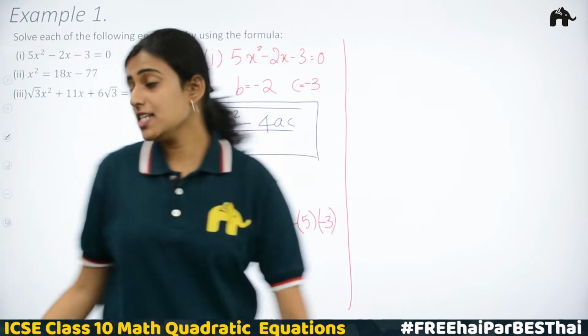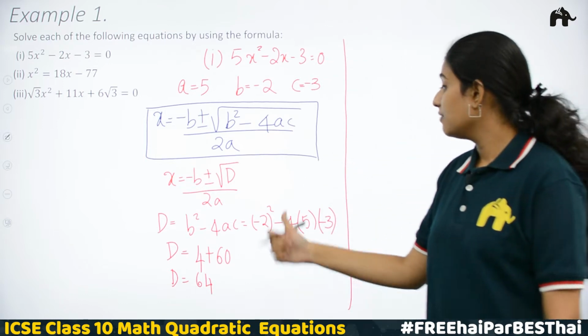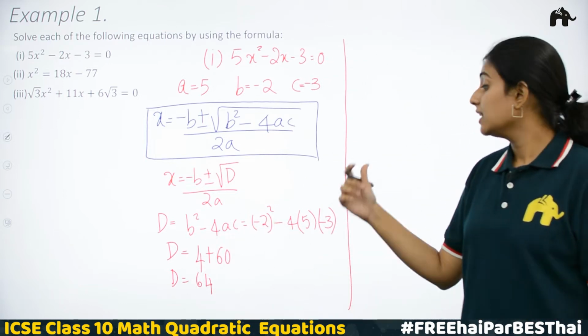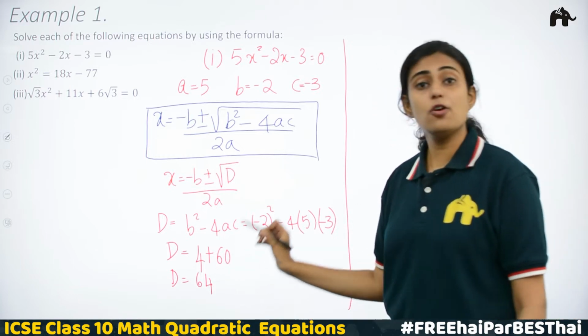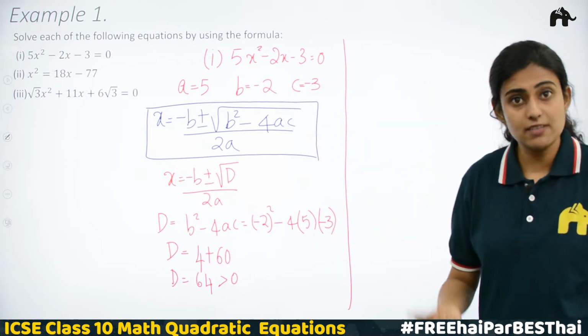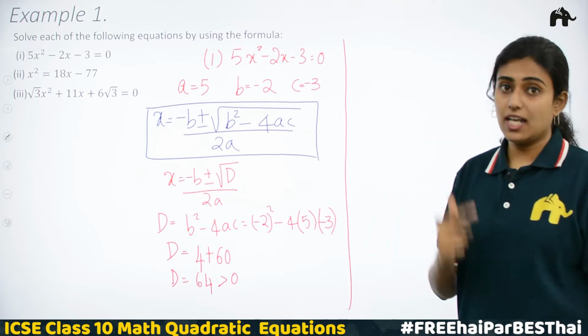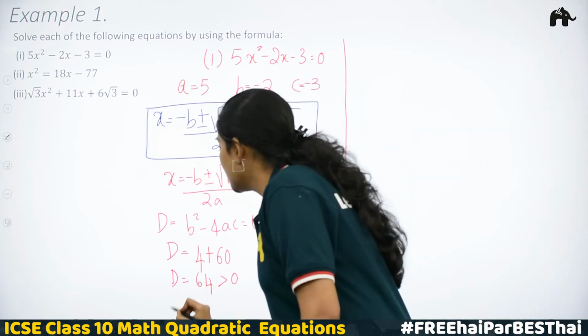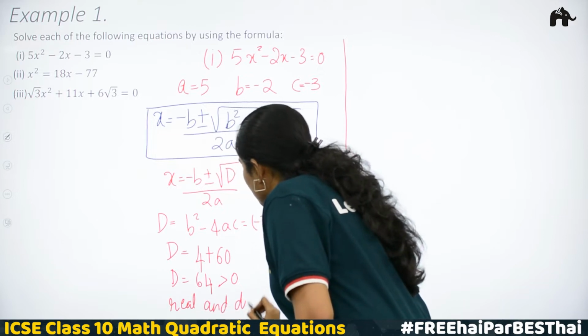Now tell me, when discriminant is equal to 64, what can you say about the nature of roots? We should get roots such that the roots are real and distinct, because 64 is a number that is greater than 0, or 64 is a positive number. When we get discriminant positive, the roots are real and distinct.